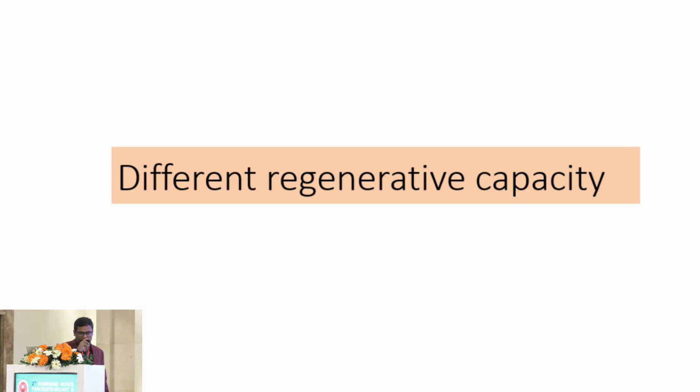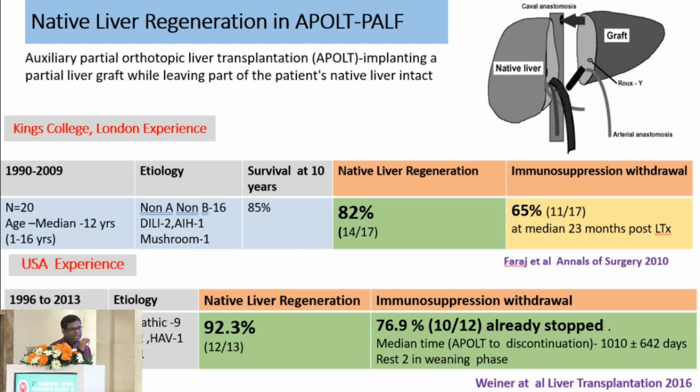So here I will be showing two data. These are APOLT data. This is auxiliary partial orthotopic liver transplant data, and I am showing post-transplant outcomes here. They don't remove the native liver. They keep the native liver as it is and a small graft is implanted. They keep on following years after years and keep on doing liver biopsy of the native liver year after year.